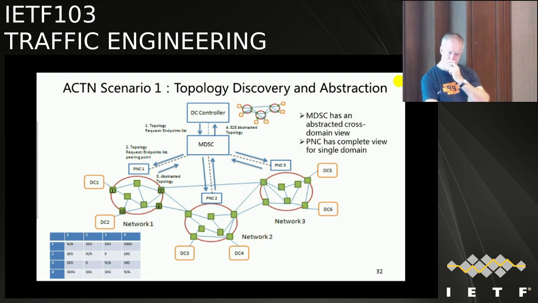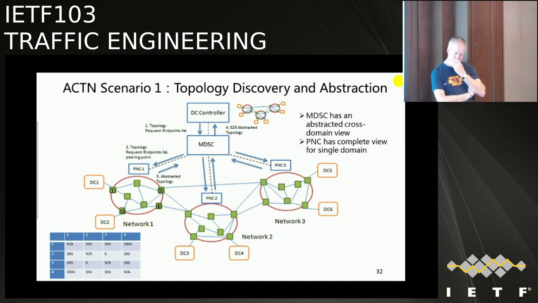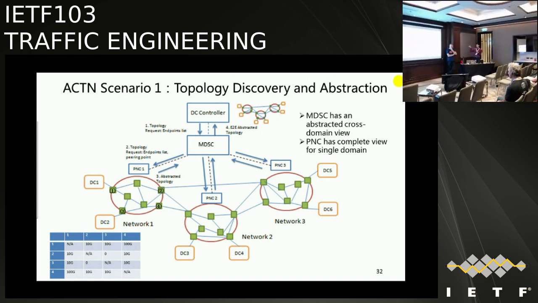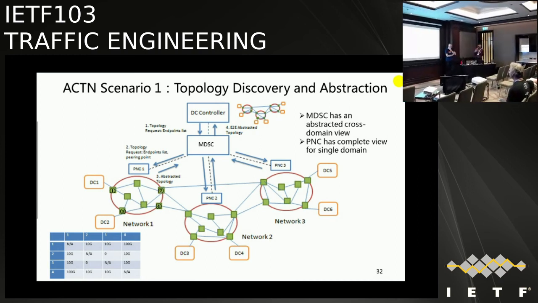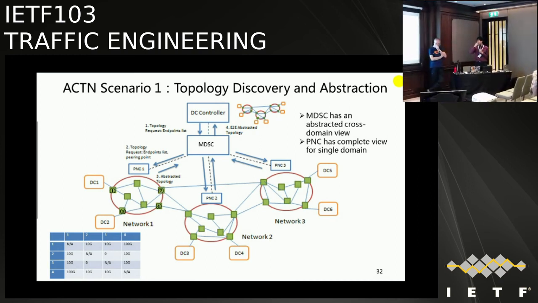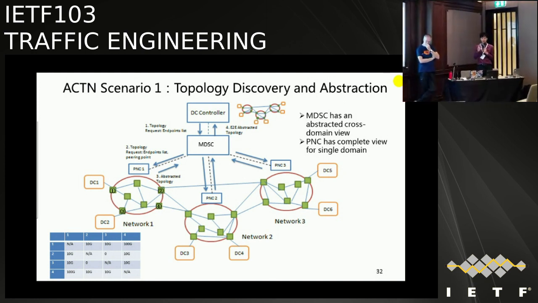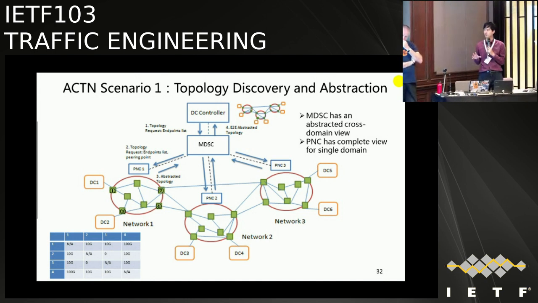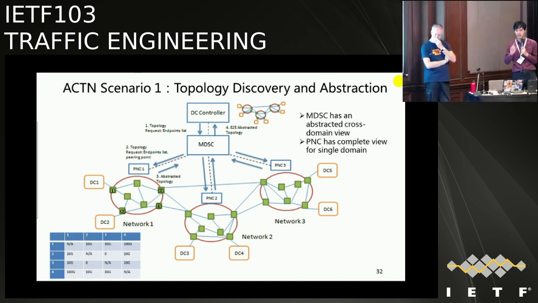So from the perspective of the MDSC, it will receive the topology information from 3 different domains and stitch them together to form a very brief topology that can be used and understood easily by the customer controllers, which is the DC here. Everything can be represented as a connectivity matrix with local information on the switching capability and the bandwidth information of the network. So everything is understandable from the abstracted topology.